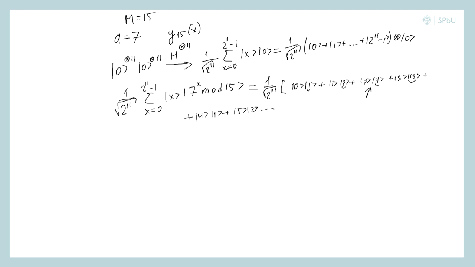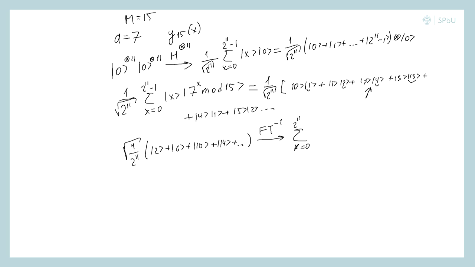We could write down the state of the system after the measurement as 1 over square root of 2 to the power of 11, times the state 2 plus state 6 plus state 10 plus state 14, etc.